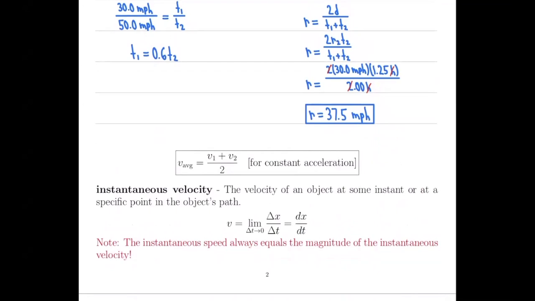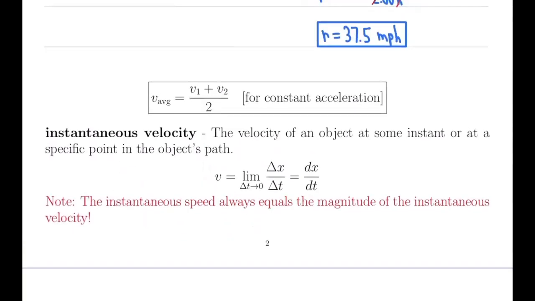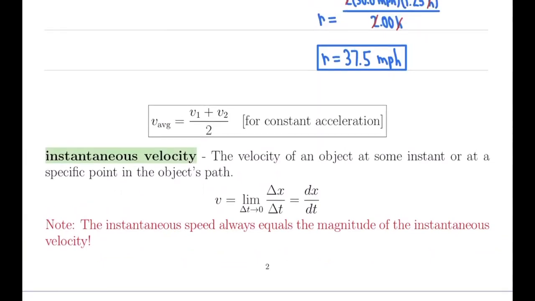As the time interval becomes smaller and smaller, basically as delta t approaches 0, the average velocity over that time interval is going to approach the exact velocity at that time. This is called instantaneous velocity. Instantaneous velocity is the velocity of an object at some instant or at some specific point in the object's path. So it's not an average over some time interval.